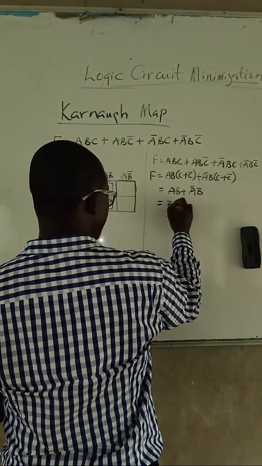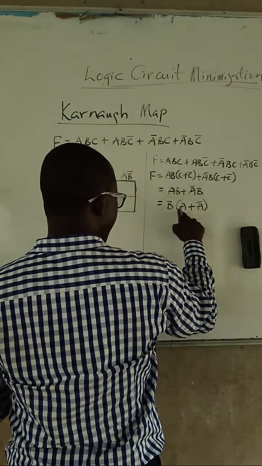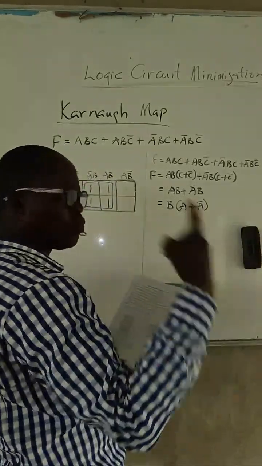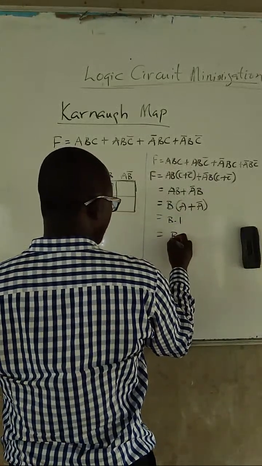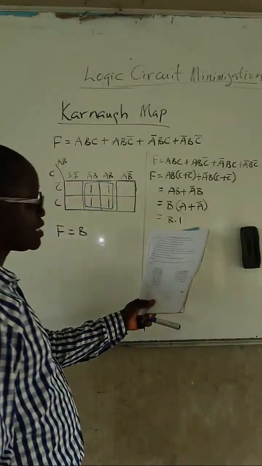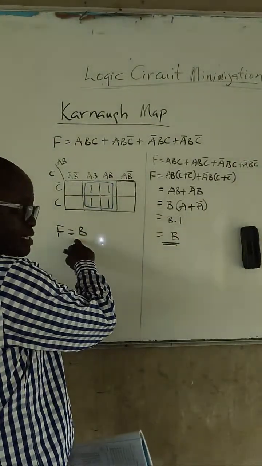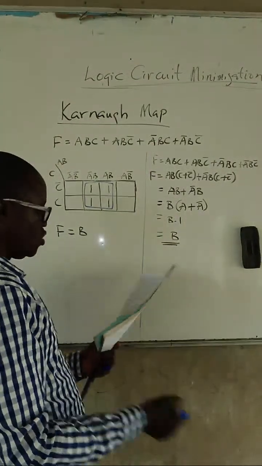We can factorize B. B into A plus A bar. A plus A bar will also become 1. So the answer is B dot 1, which is actually B. So we can see that here, the Boolean algebra is applied and it gave us the same answer. But you can look at it that it took us some laws. We have applied some laws.